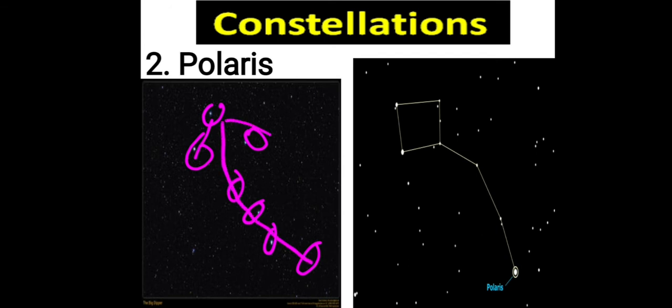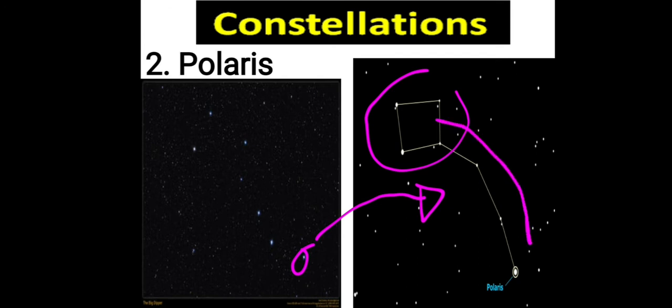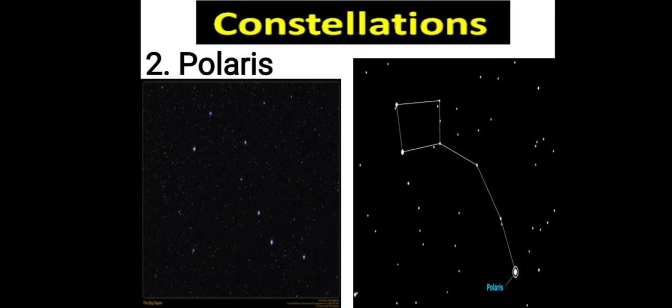Now, where is Polaris or the North Star? This one. This is the Polaris or the North Star, as indicated in the figure on the right. It forms an arrow. It indicates direction. And of course, the next slide will show you different examples of constellations.